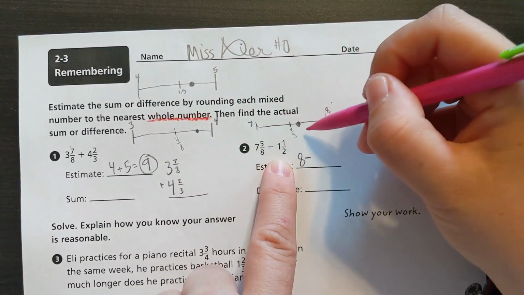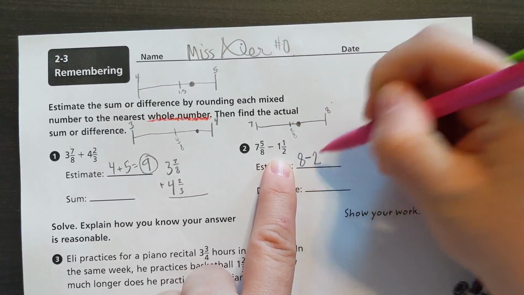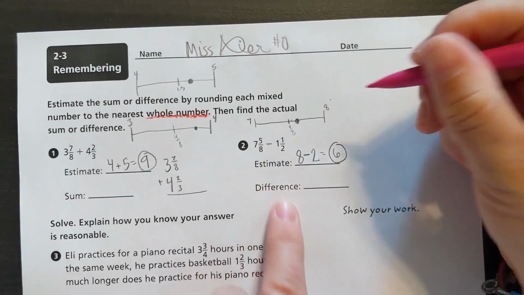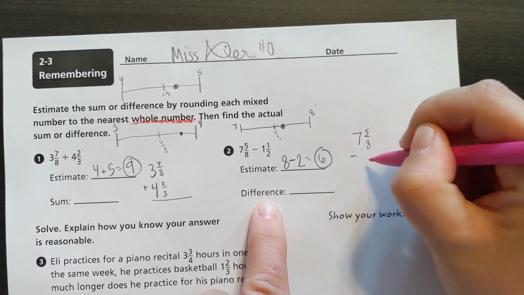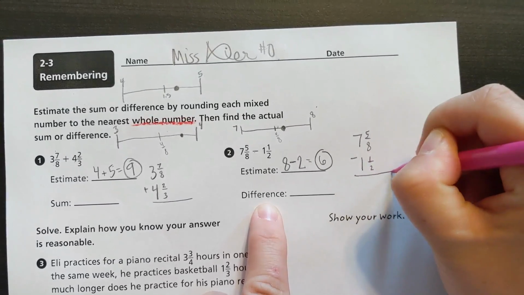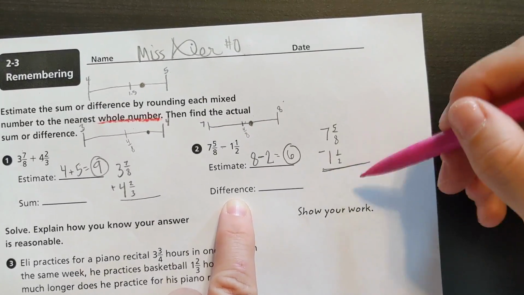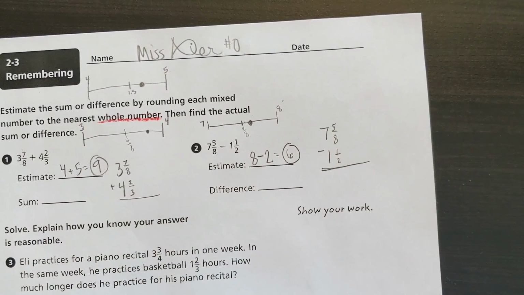You know that 1 1/2 we round up if we're halfway in the middle. So it's going to be rounding up to 2. So the answer should be close to 6 when you're done. But to find the real difference, you have to do what? Stack it up and find common denominators. You make that equals bar really long so that you can use your robot voice. I know you can do this if you work hard.